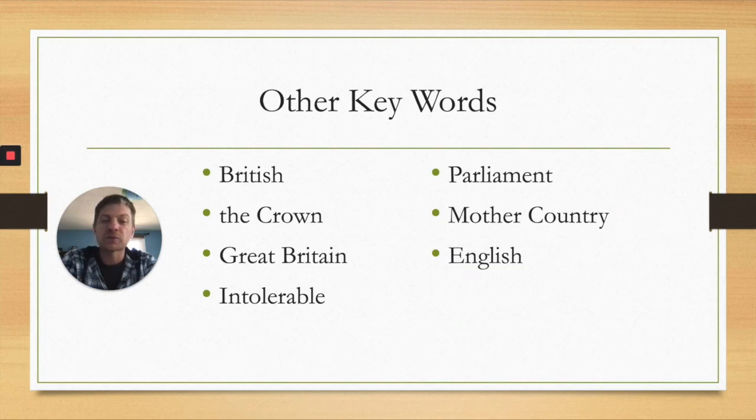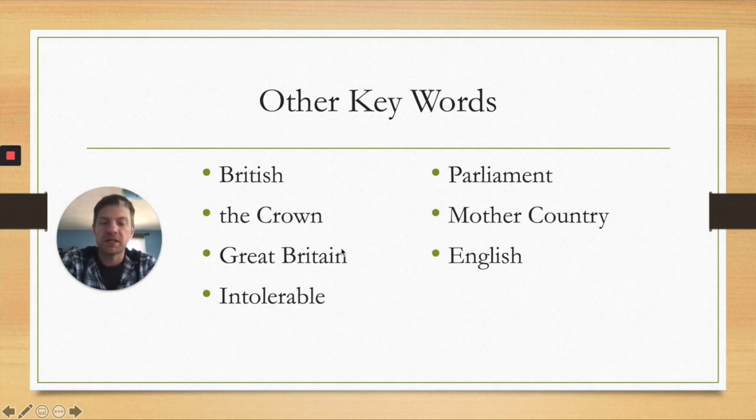A lot of those words are going to come up a lot in this expedition, and they're actually going to come up a lot in the part that you're going to read for the independent work part of this lesson. Just to give you a little bit of a clue that will help you with the independent part, English means that you're from England.